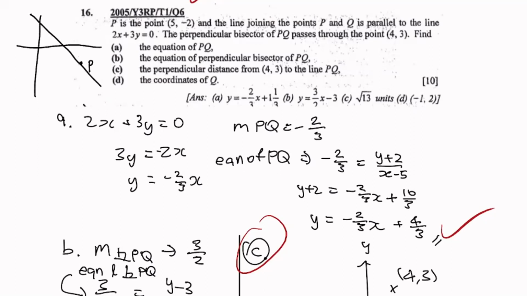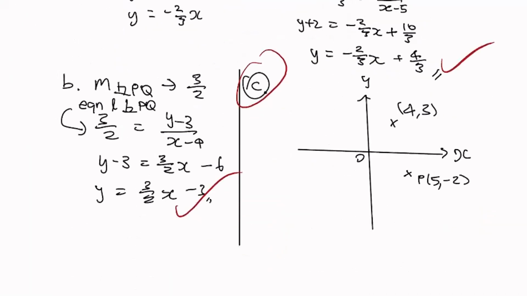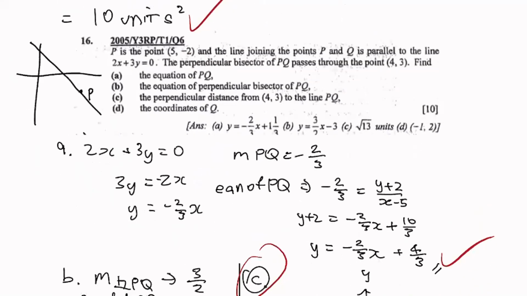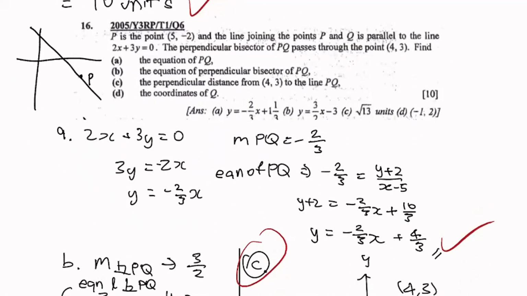Actually, where's Q? Oh, that's part D's answer. You haven't done part C, so part D also haven't done. Never mind, we don't know where Q is, but it's somewhere on the line. This is 5, -2. Okay, I need more space.